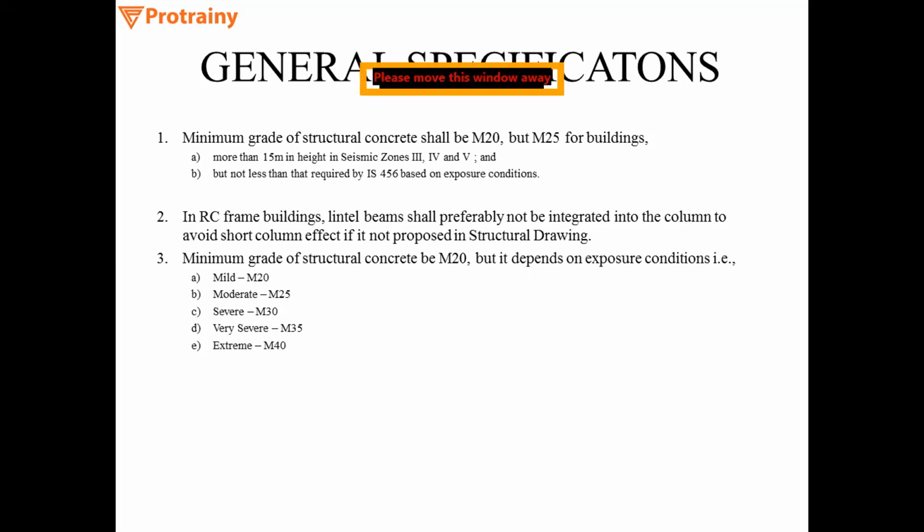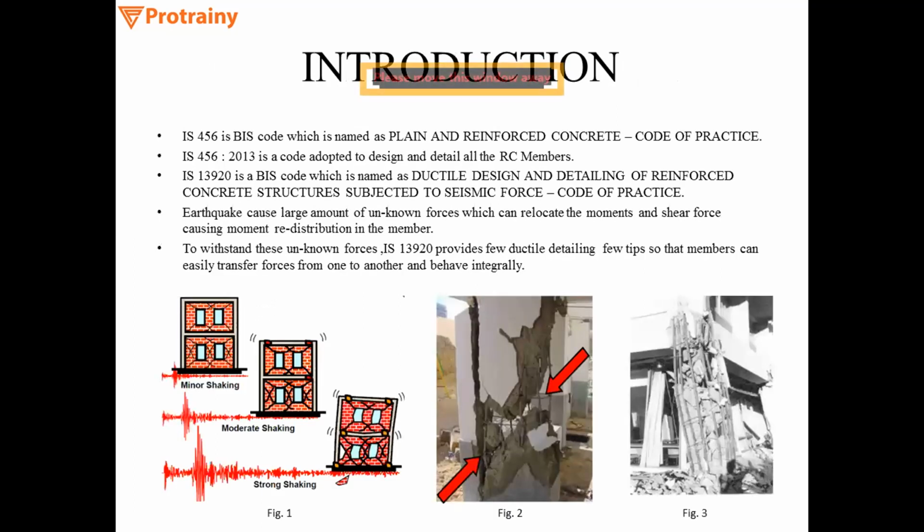then it is not to be done on the site, because if you integrate such a lintel beam into the column, that could have a short column effect, which you can see in figure 2.